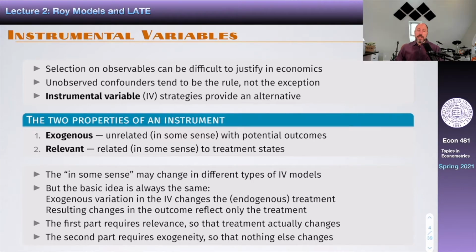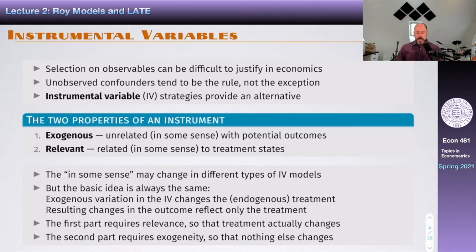The two properties that you need from an instrument are typically exogeneity and relevance. Exogeneity says that the instrument has to be unrelated, in some sense that we're going to describe later, to the potential outcomes. And relevance says that the instrument that we are using affects somehow the treatment that we are trying to instrument for.